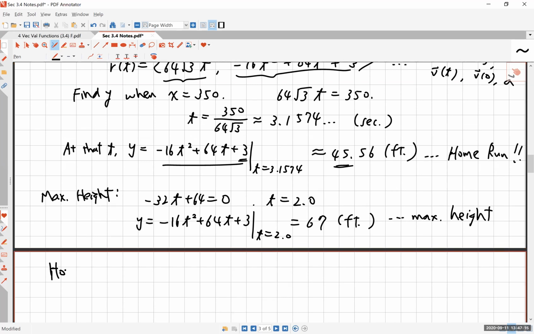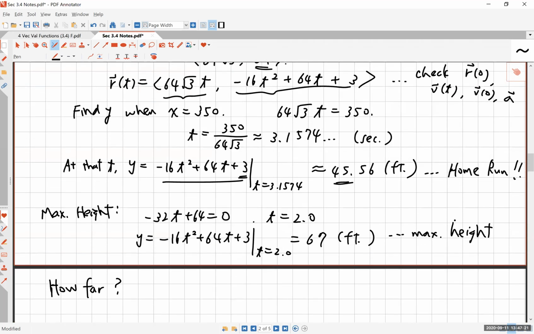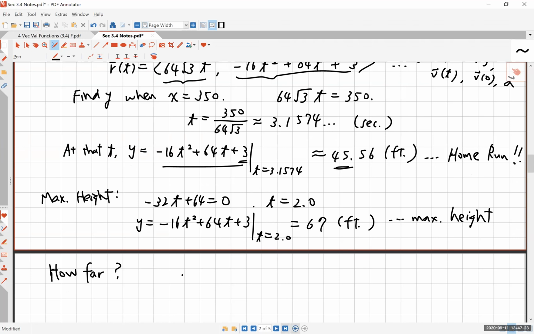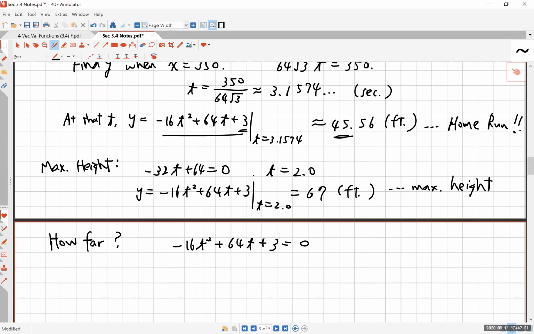How far? So for this, you want the y coordinate to be equal to 0, right? So you want to set this equal to 0. Again, you have to have 3, otherwise it sort of messes up.